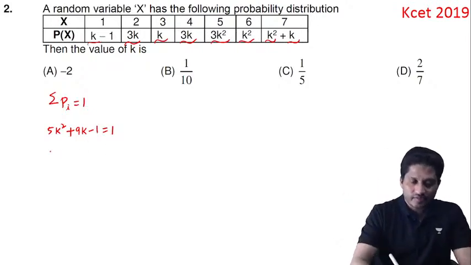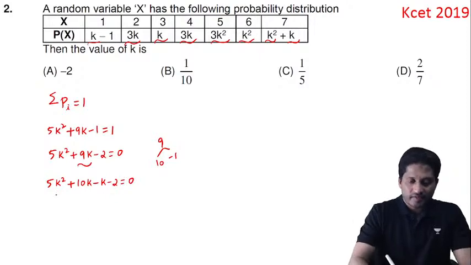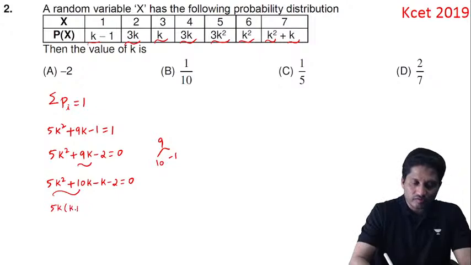Right, now this is 5k square plus 9k minus 2 is equal to 0. If I split the middle term, 10 minus 1 is 9, multiply you get minus 10. So this is 5k square plus 10k minus k, minus 2 is equal to 0. If I take 5k common, you get 5k into k plus 2.